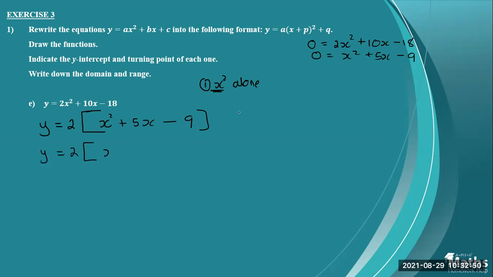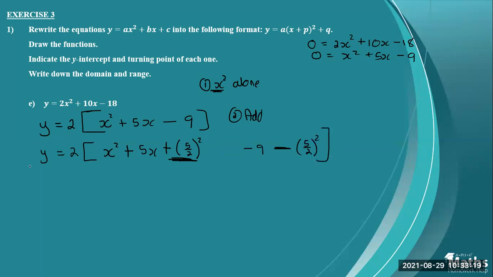So the next step is where we're going to add the coefficient that we divide by 2. So this will be plus 5x. Just put your whole number always there at the end. So we're going to add 5 divided by 2 or times a half, and we square it. And what we add, we're going to subtract again.